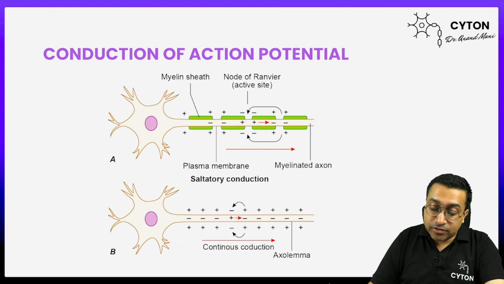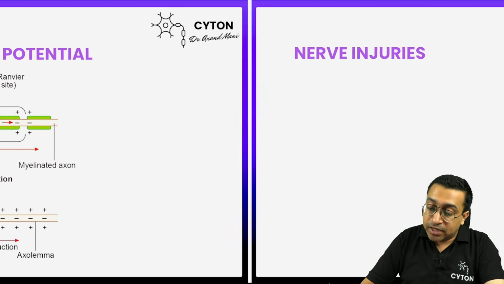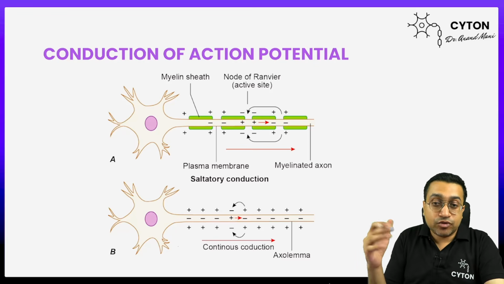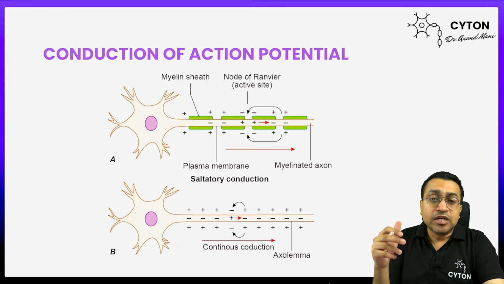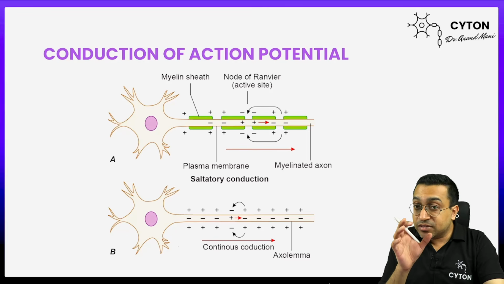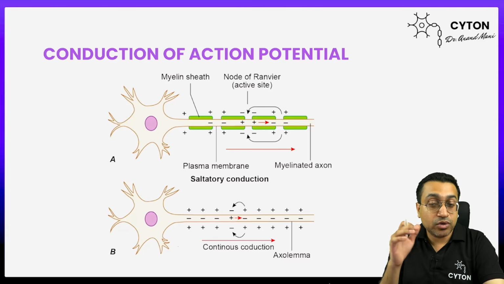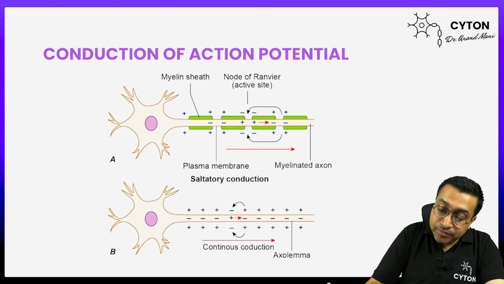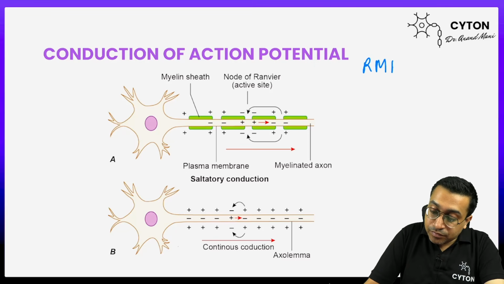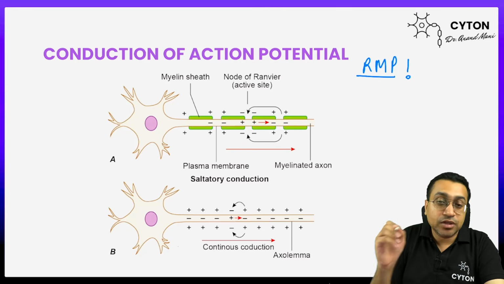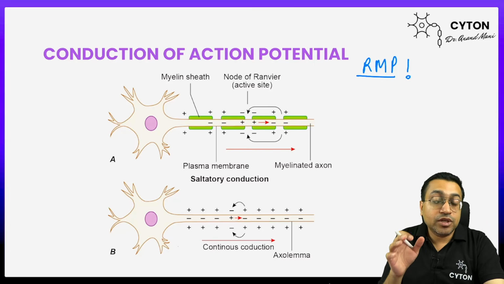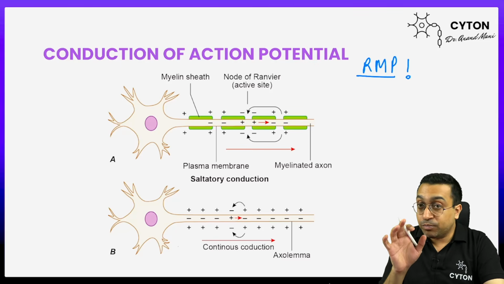Then coming to the next, that is the conduction of the action potential. This topic has been discussed in detail in physiology, but I will again touch upon the very basics here. The ionic concentration within the neuron and the extracellular fluid creates the RMP, that is the resting membrane potential. Across the plasma membrane at resting membrane potential, the neuronal plasma membrane is polarized.